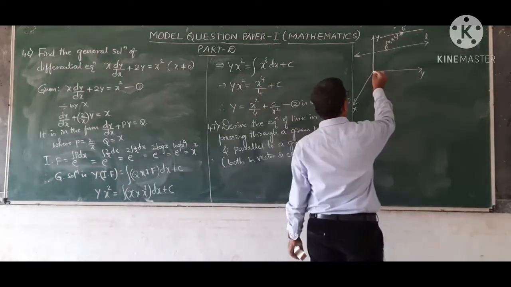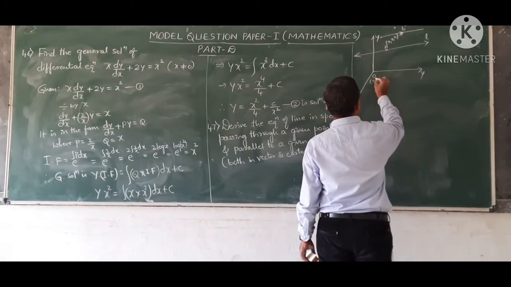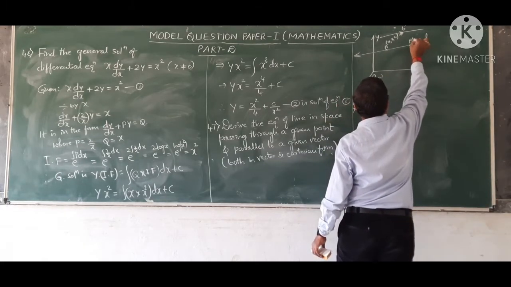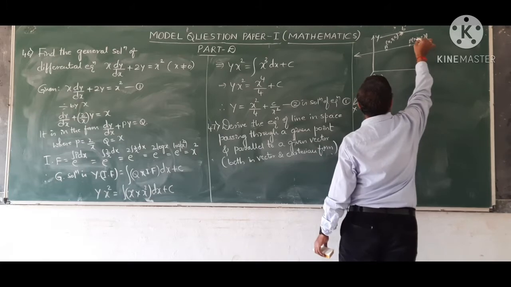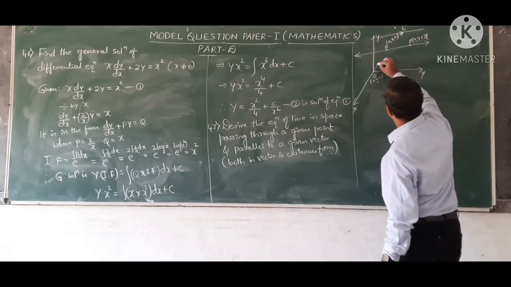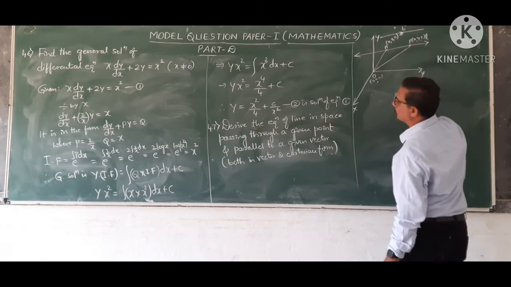Okay, now O is the point of reference, that is origin. Now take a point, let P be a point, say x, y, z, on this line. Join OA and OP.